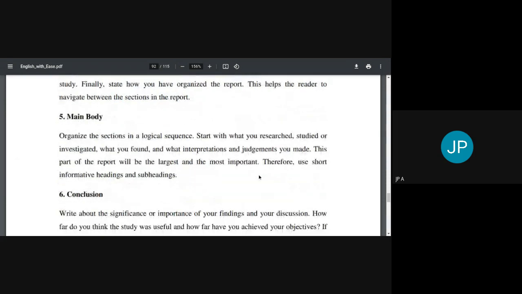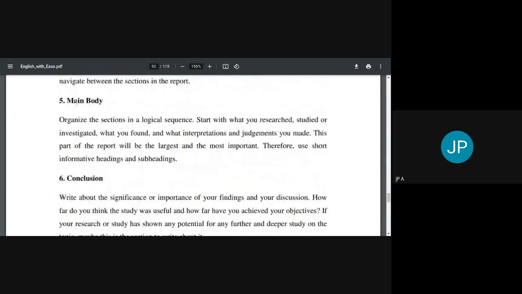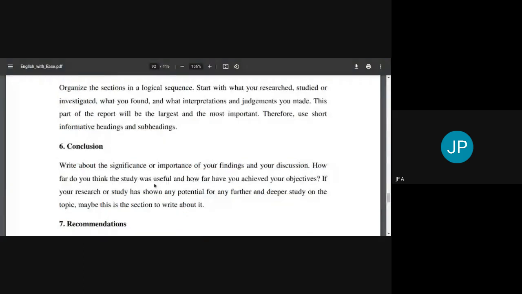In the main body, you can mention all the different events that happened during this 1 year. What are the different events that you organize? You can even list them by numbering them or bulleting them. And then you can give details in the conclusion.